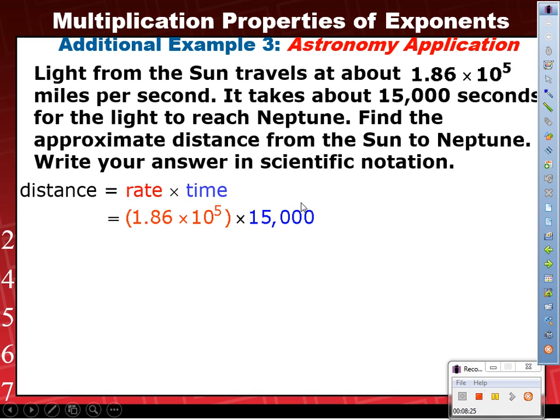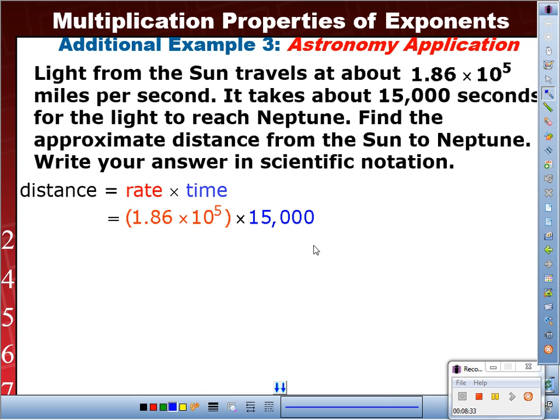First step, we need to change this into scientific notation so that it's all in scientific notation. From last year, your teacher showed you guys how to change standard to scientific and vice versa. First step, we need to write this with a decimal times the base 10 and an exponent. Remember that? It has to look something like this.